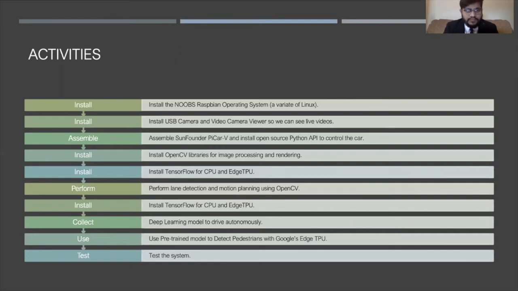While installing these operating systems, a person can face a number of challenges, as the monitor or the HDMI cable won't get recognized because there are a number of configurations in the config file of the operating system itself, which need to be changed and specifically defined.